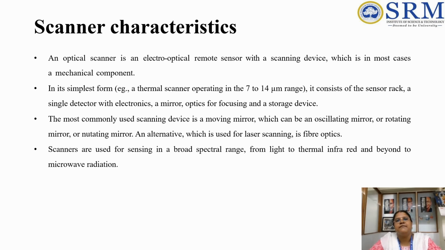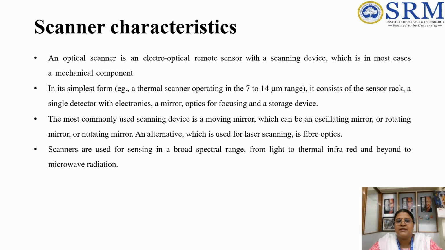Once we know about the platform, next we will see the scanners present inside the sensor. The platform will be there and the sensor will be placed above it. It should be ensured that the platform is stable, and then the sensor is mounted on the platform, and inside that sensor we have a scanner.